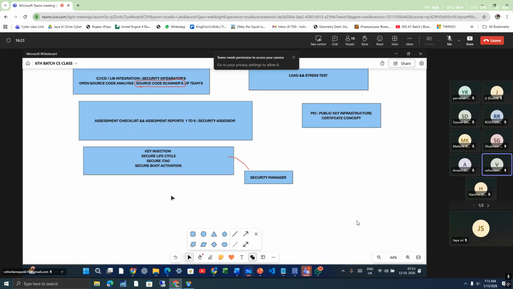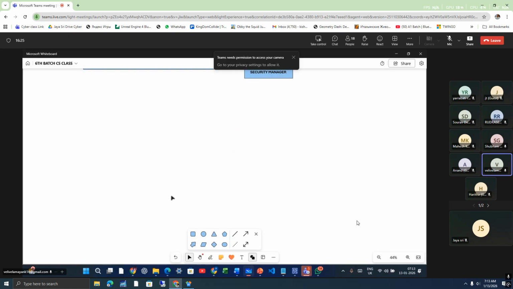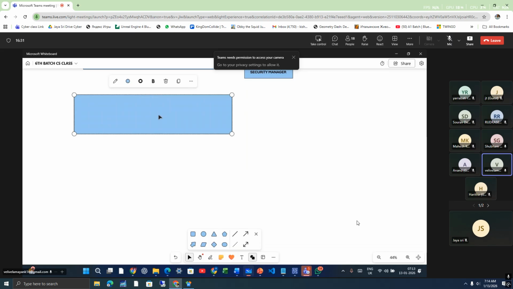Now I will introduce you to the concepts. Always, I will teach you the concepts like this. First ECU level, then communication level, then gateway level.